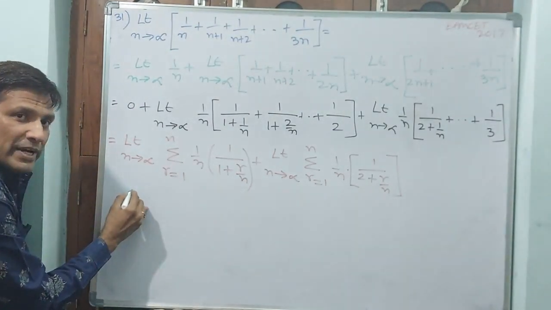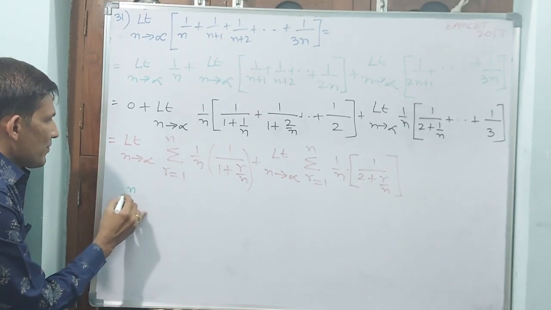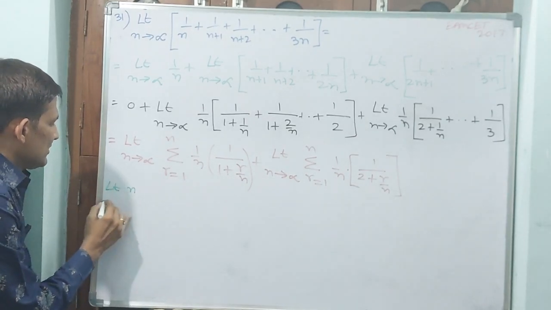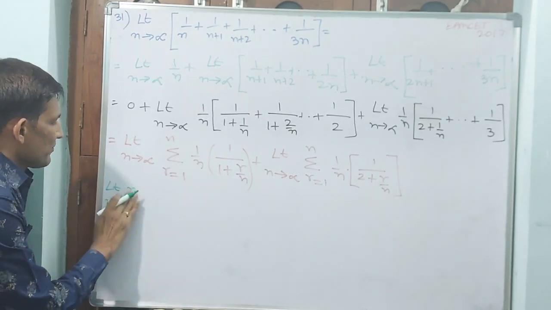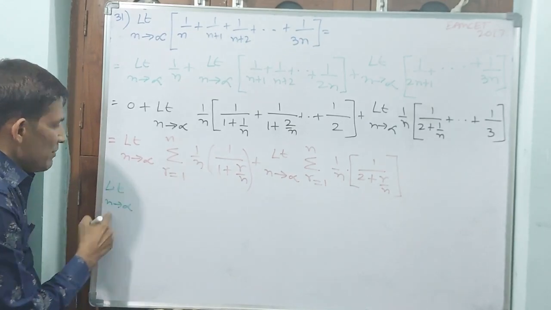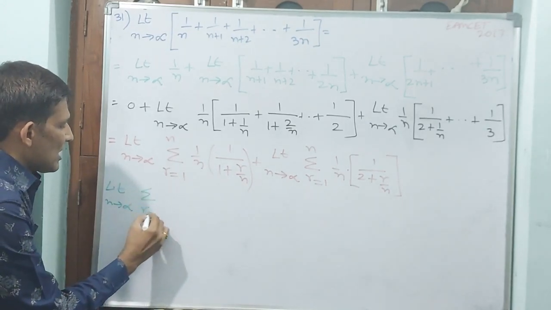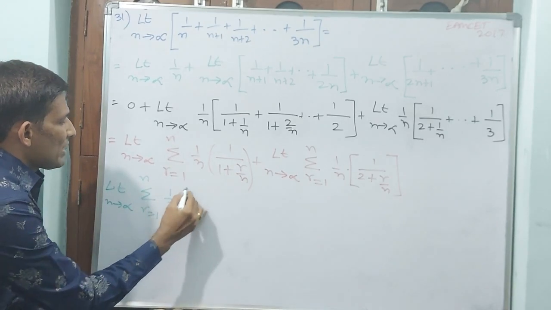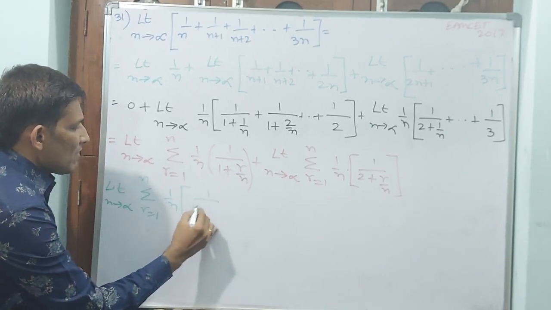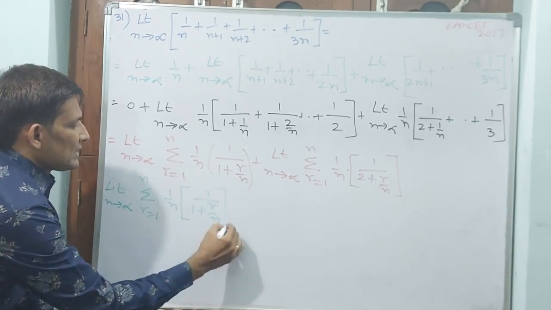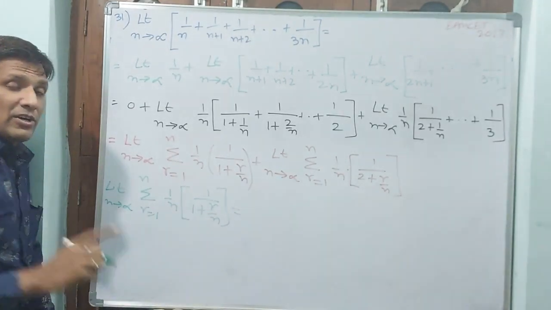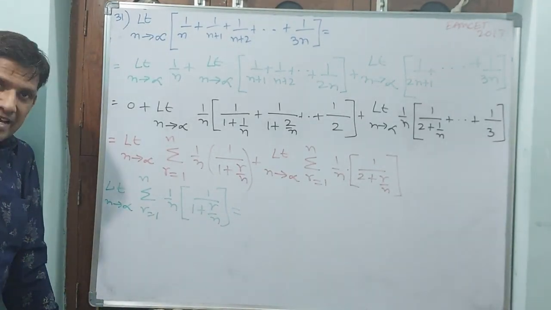Now see, I want to write one formula. If at all you get limit n tends to infinity, sigma r is equal to 1 to n, 1 by n, 1 by 1 plus r by n, that is equal to, see, r by n you consider in your brain as x.